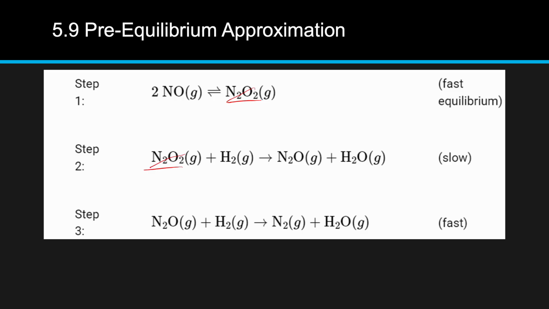And then we are left with H2 as a reactant and NO as a reactant. So if we were to write the rate law for this mechanism, it would be rate equals k times the concentration of H2, and I only have one of those, and the concentration of NO, and I have two of those. So that would be my proposed rate law.